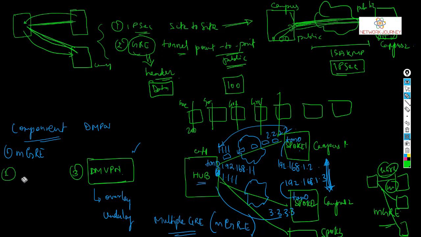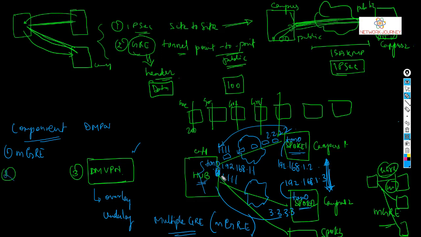Now, what is the second important thing that's required? Let's say when I say that spoke 1 can communicate to spoke 2 irrespective of hub. If spoke 1 is sending some traffic to spoke 2, when it's received on the hub, the hub has to make the decision how to send that.